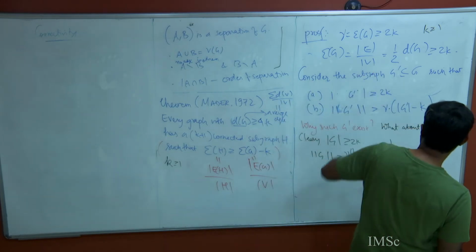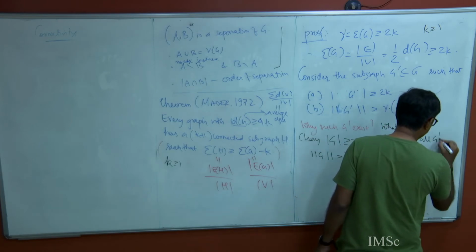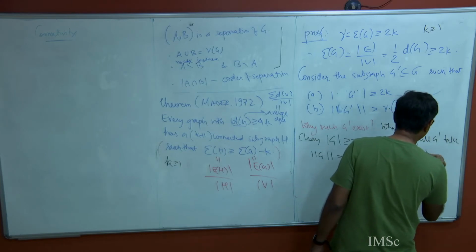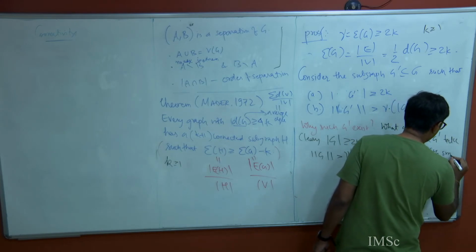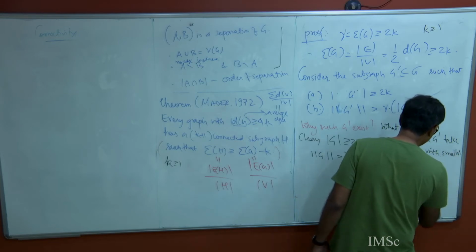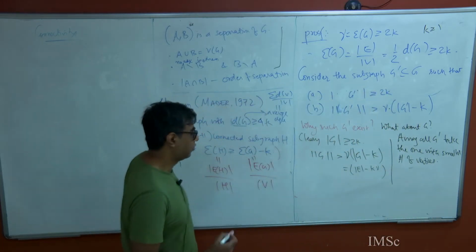So among all G prime, take the one with the smallest number of vertices. Okay, call it H.